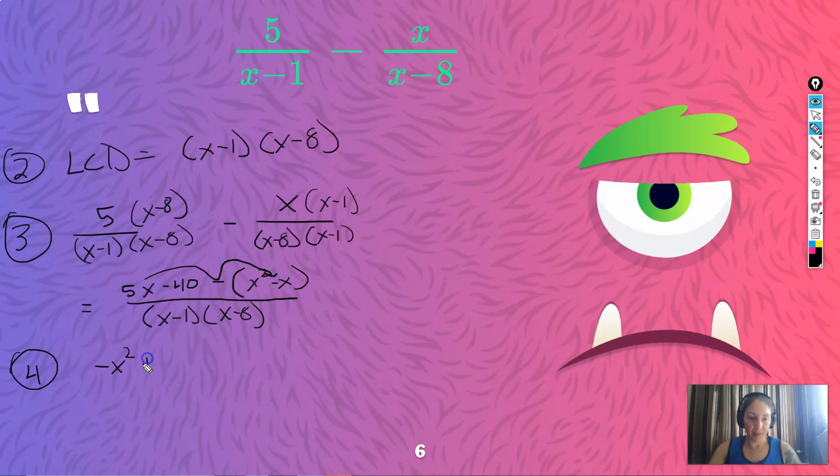So that's going to be plus 6x. And then a negative 40 is out here all by itself. All this over x minus 1, x minus 8. Okay. Now the next thing we want to look for: is there any simplification that can occur here?